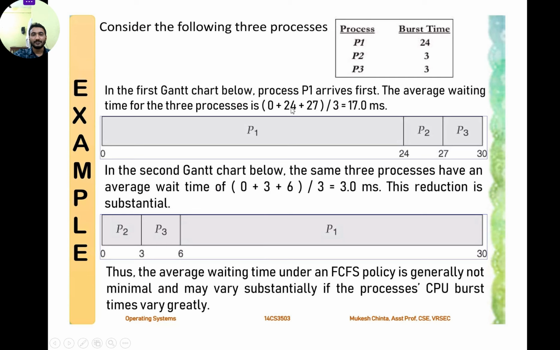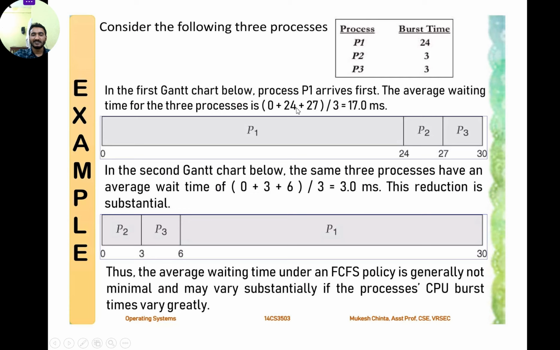So in this case, if we calculate their waiting time, the waiting time is 0 for P1, obviously. For P2, it gets the CPU at 24, and the arrival time is 0. We assumed the arrival time of P1, P2 and P3 is 0, and they come at the same time.